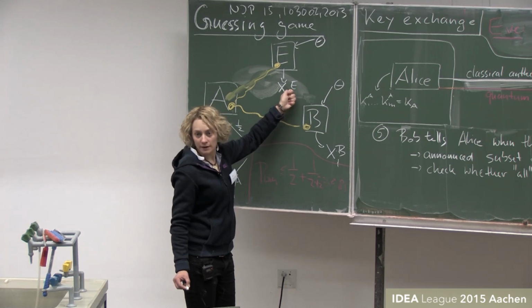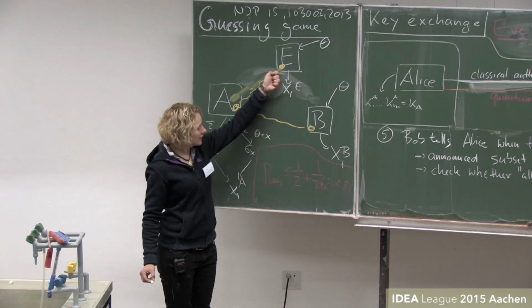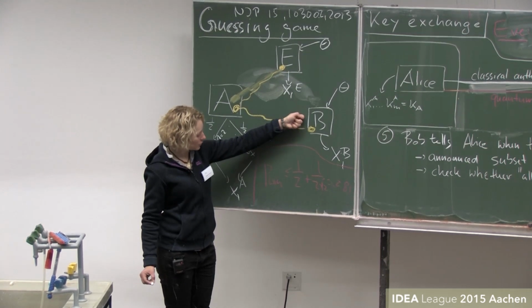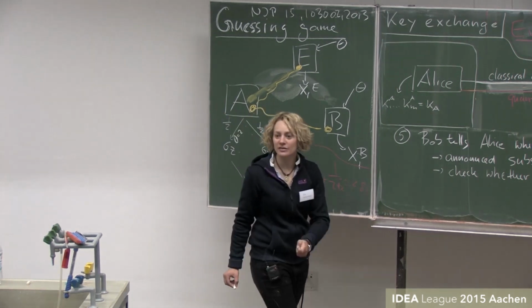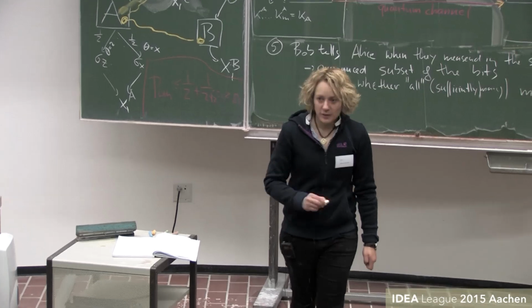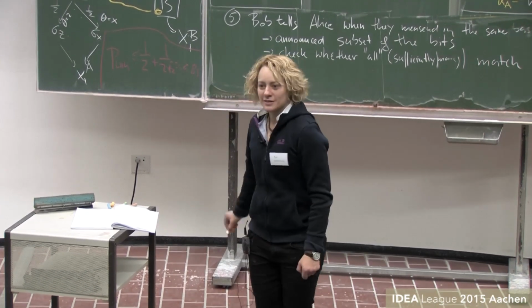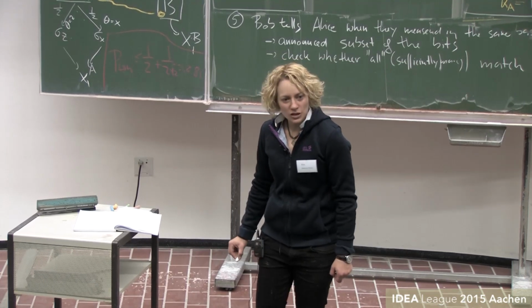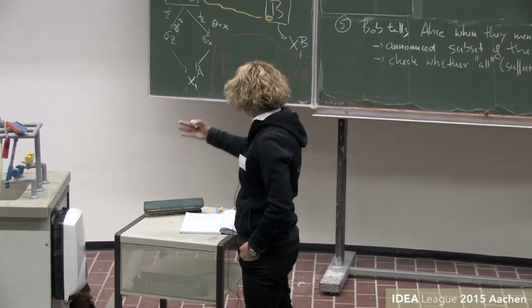We said that the probability that Eve, corrupting Bob, wins this game, like Eve and Bob win this game, is bounded by 85%. So this means that if Bob gives the same answer, then Eve cannot always give the same answer. She could only give the same answer, the correct guess, with probability 85%.